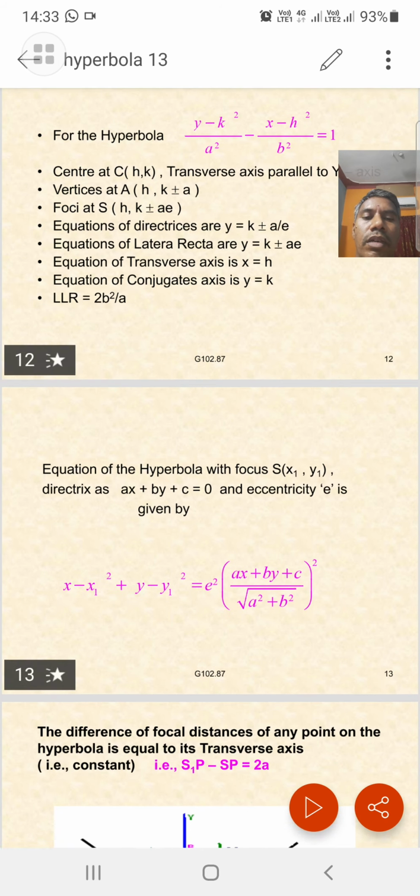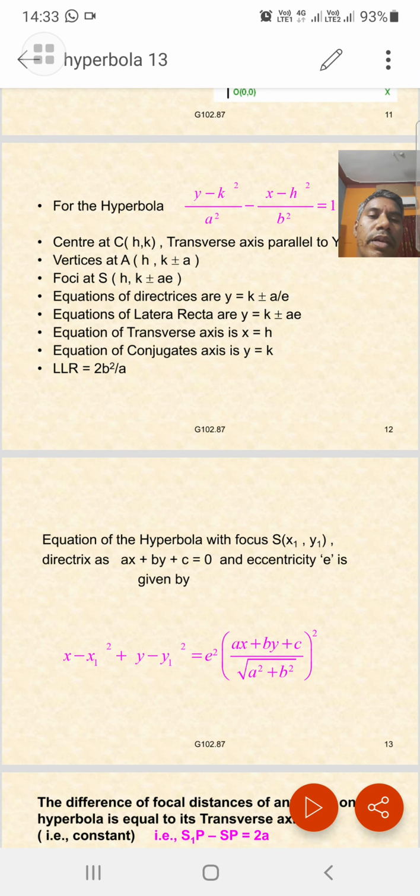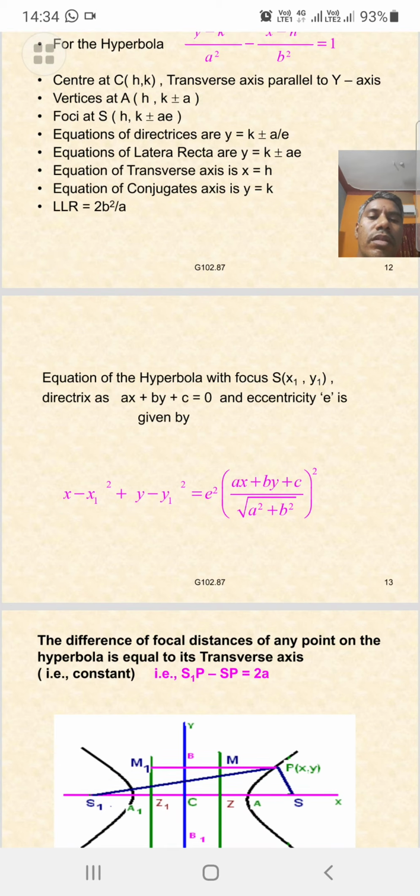For a parabola, eccentricity is 1, so sometimes we need not write e and its value. Whereas for ellipse and hyperbola we have to mention it, because less than 1 is an ellipse, and it may be 0.2 or 0.3 or 0.5, whatever, all less than 1.